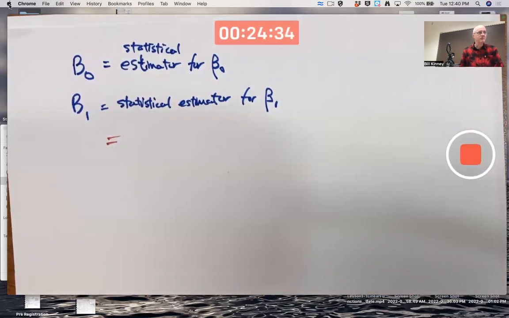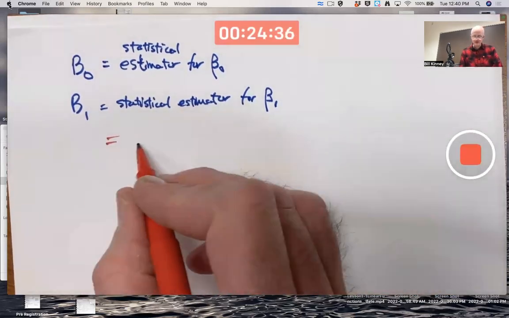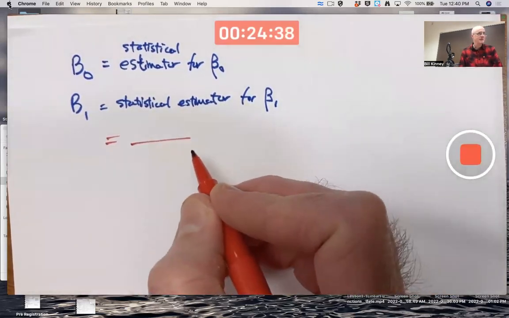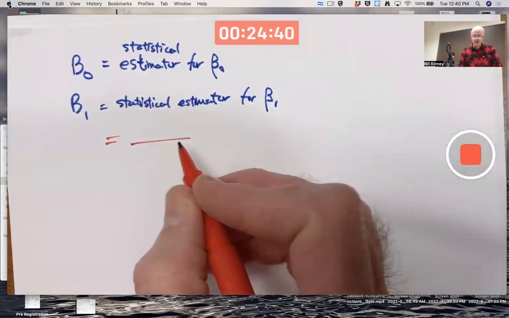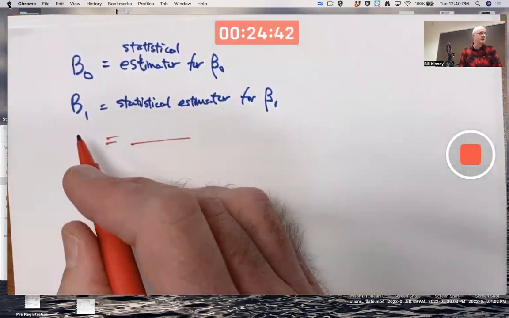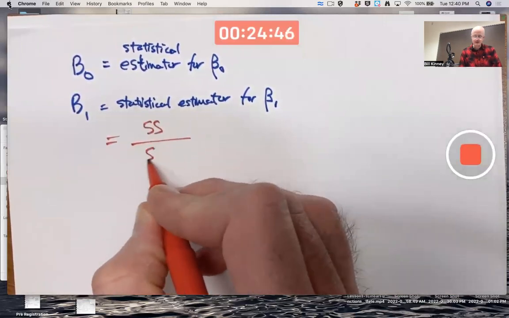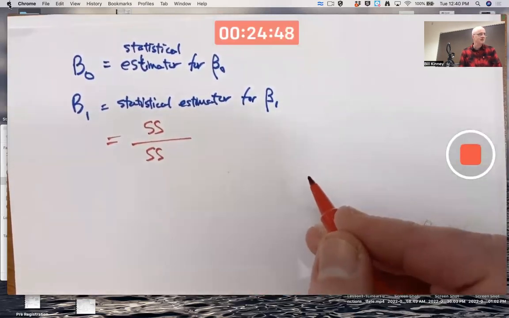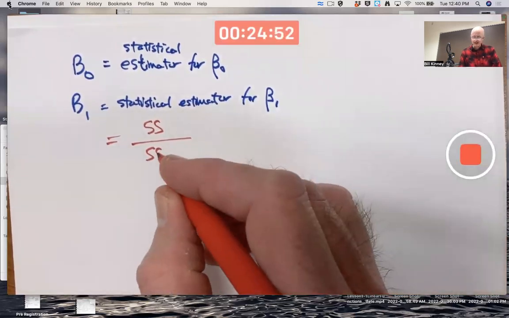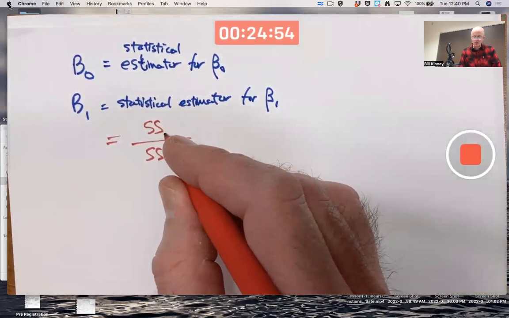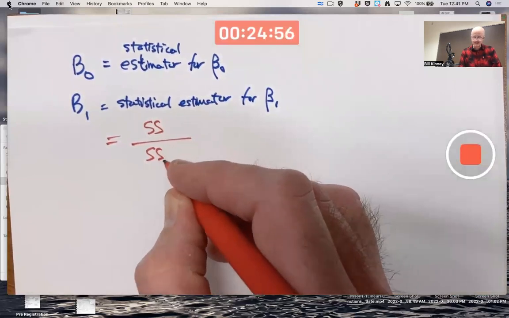And for B1, let me remind you of how I remember these things. I remember B1, whether it's a capital B1 or a lowercase b1, as being a ratio of two sums of squares. SSXY divided by SSXX.